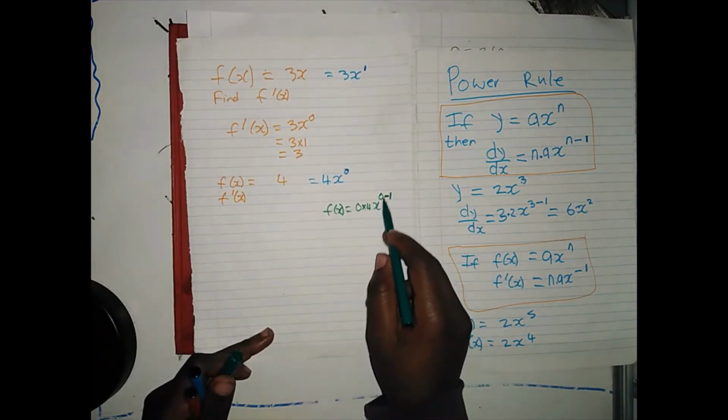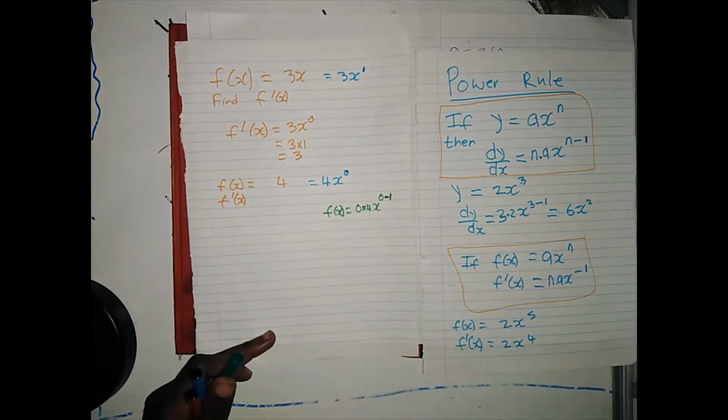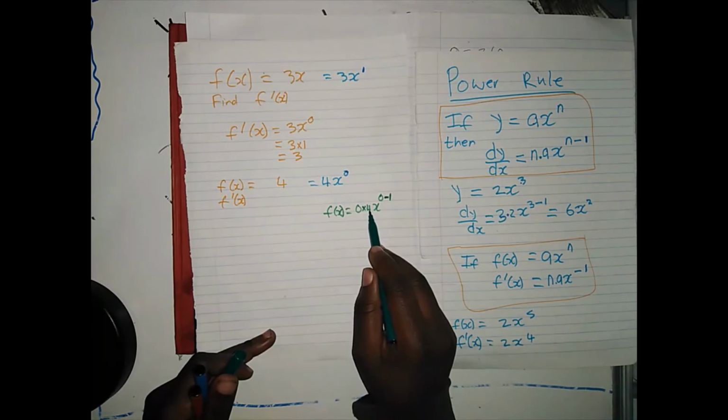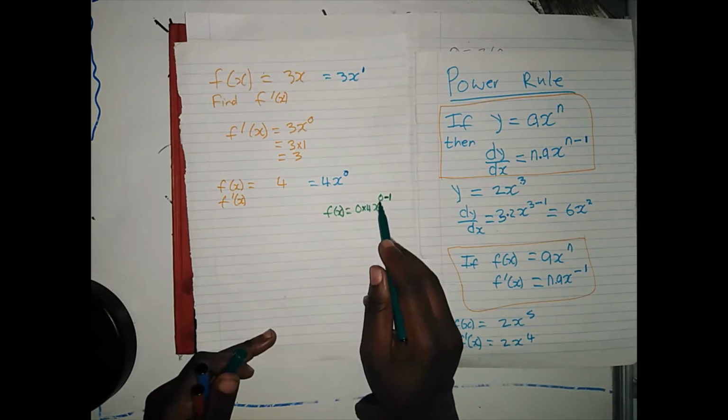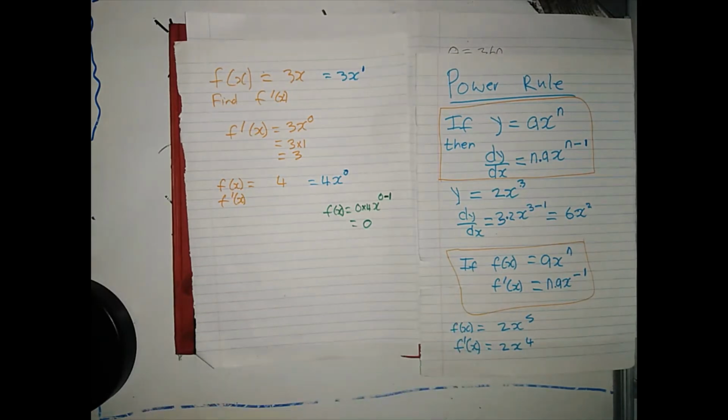I don't even care what comes out of the x part, but anything that is multiplied by 0 becomes 0. So 0 times 4 times x gives us 0, and we end up with 0. So the derivative of 4 is nothing other than 0.